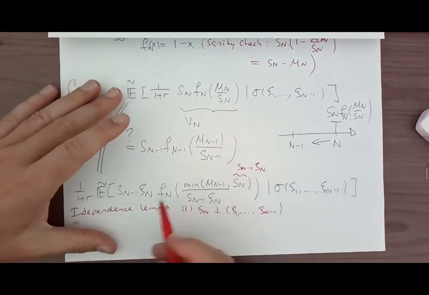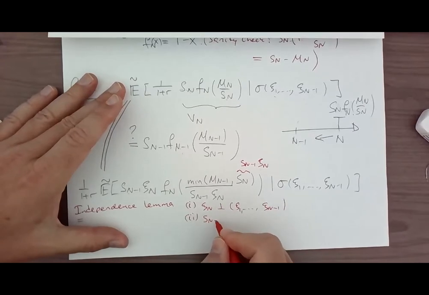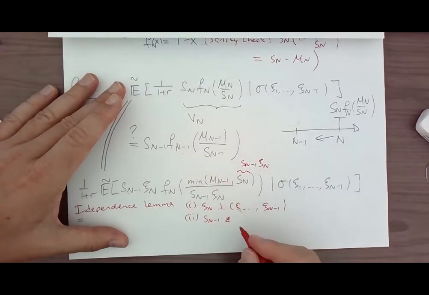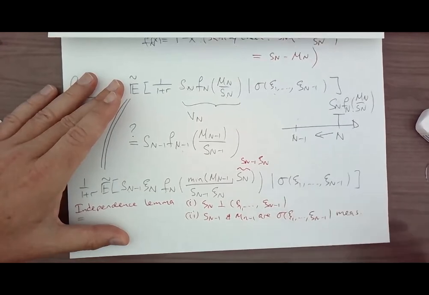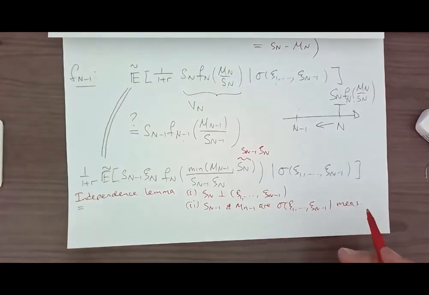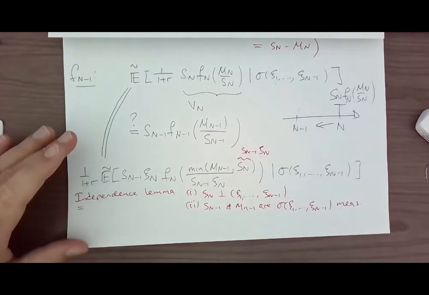And the other thing that is good is that Sn minus 1 and Mn minus 1 are measurable with respect to the sigma algebra we condition on. So that is all it takes to get the independence lemma going.